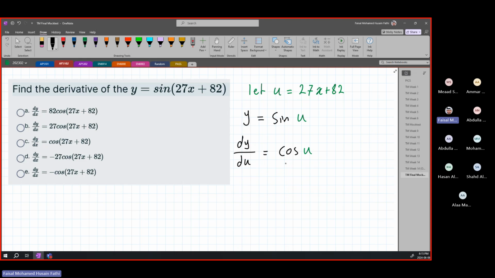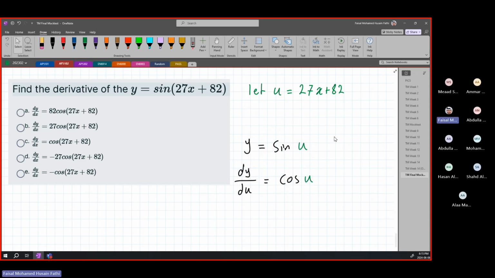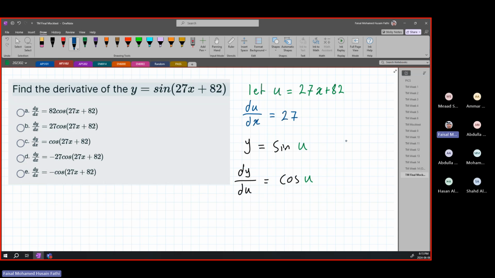Then, however, this isn't our final answer. We need our answer in terms of x. So what do we need to find as well? We need to find our du by dx, which is the differentiation of this u, which is just simply 27. And what does chain rule say?